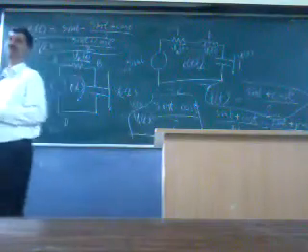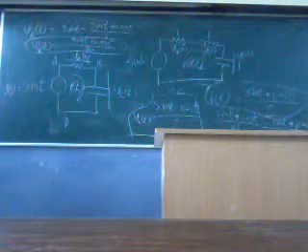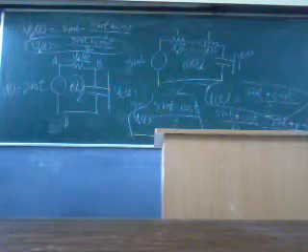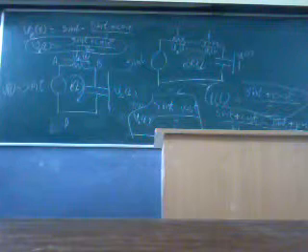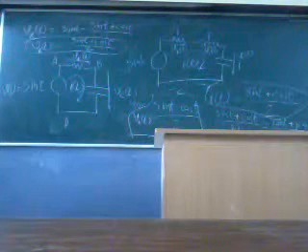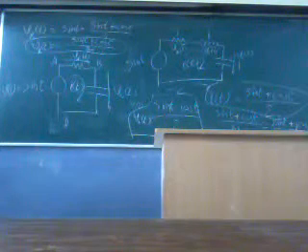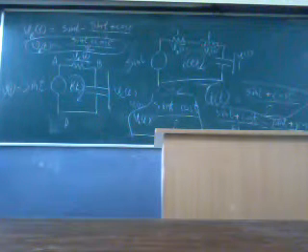Impedance is 1 plus 1 upon Z plus Z. 1 upon Z is actually minus Z. Is it correct? Do you agree or not? 1 upon Z is minus Z. So 1 plus Z minus Z, that is 1.